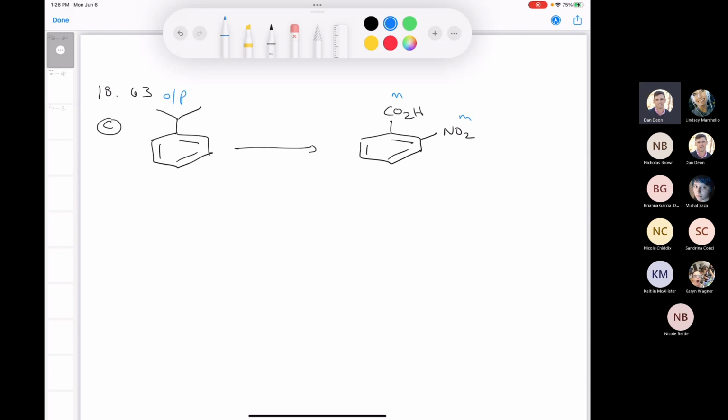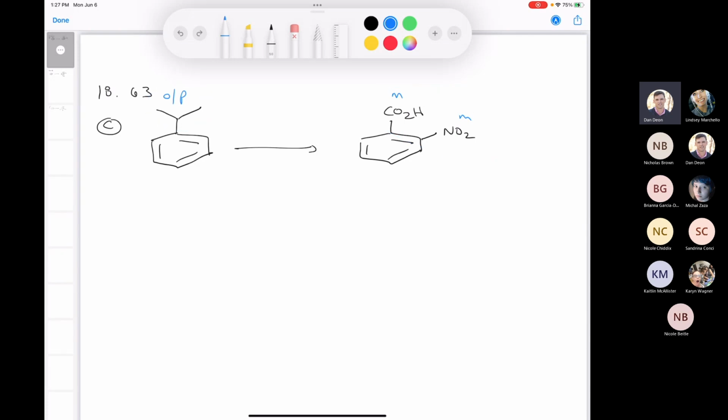And so, in terms of a strategy here, obviously what's doing the directing is going to be neither of these things, because these are both meta directors, and you have two substituents that are ortho to each other. But again, the isopropyl group is an ortho director.